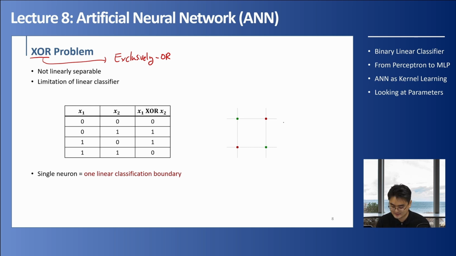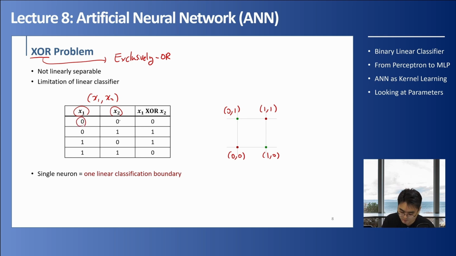So let's say that these red dots belong to class 0. And these green dots belong to class 1. So the coordinates here are 0, 0, this is 1, 0, 0, 1, and 1, 1. And if you see this table here, we have x1 and x2. So we have this coordinate space x1, x2.